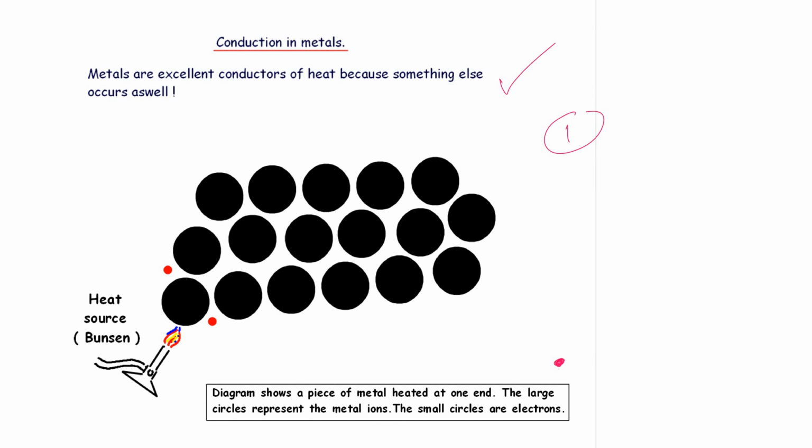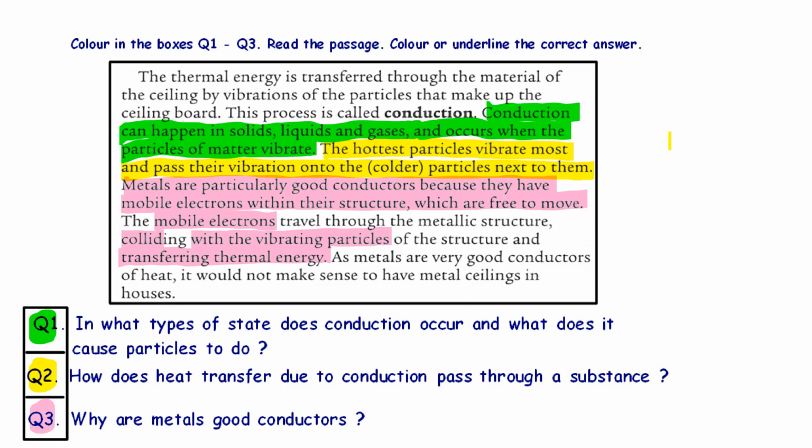In a metal, those electrons orbit around the outside of the metal ion, but they can also move. They are free to move between ions. So that means there are going to be more collisions, more vibrations, and more heat being transferred through. This is why metals are such good conductors, much better than non-metals.